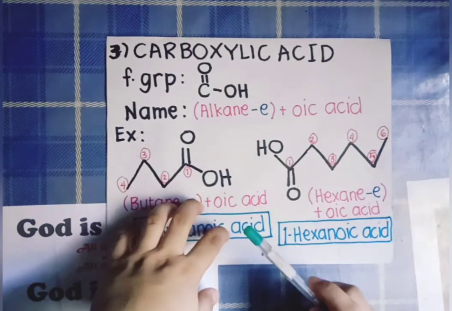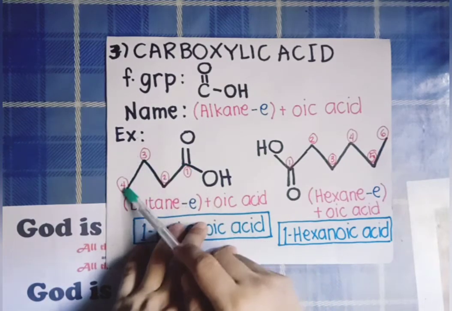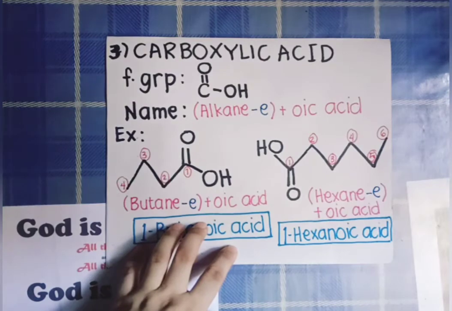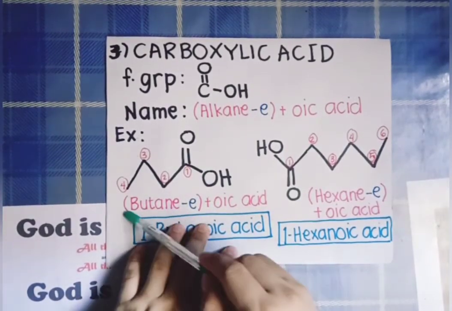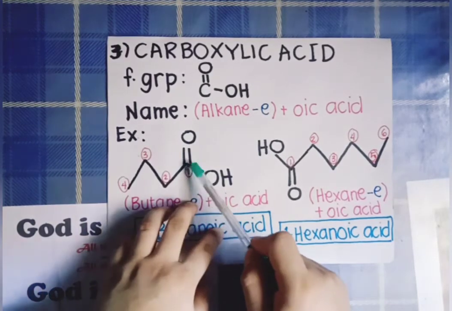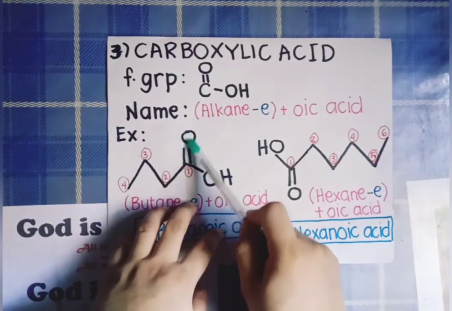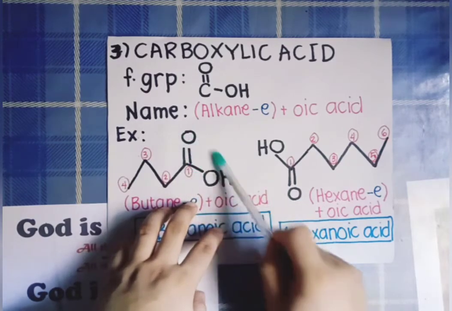For example, let's have here this molecule. We have here 1, 2, 3, 4. It consists of 4 carbon atoms, and therefore, its parent chain is butane. So that's butane minus E plus, because we have here a carbon atom that bears the double bond O, and the same carbon atom bears the OH group, then this one is actually a carboxylic acid.